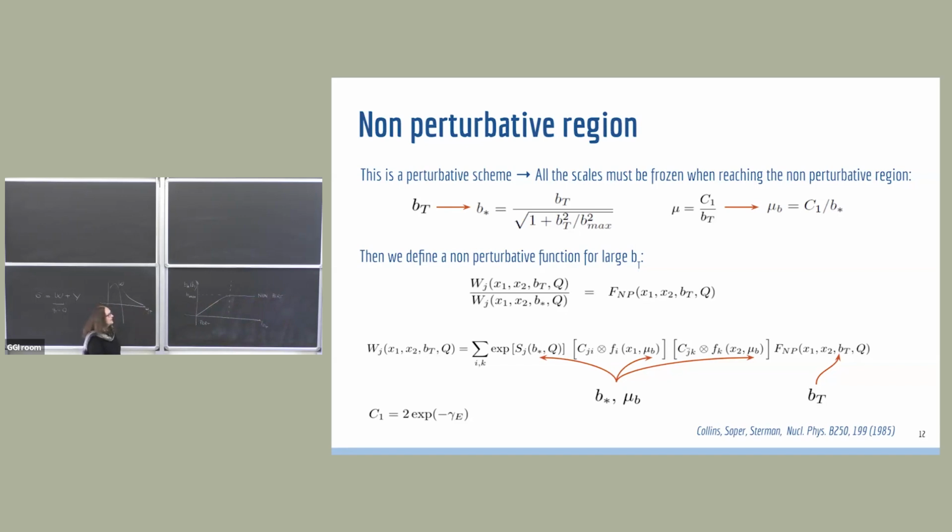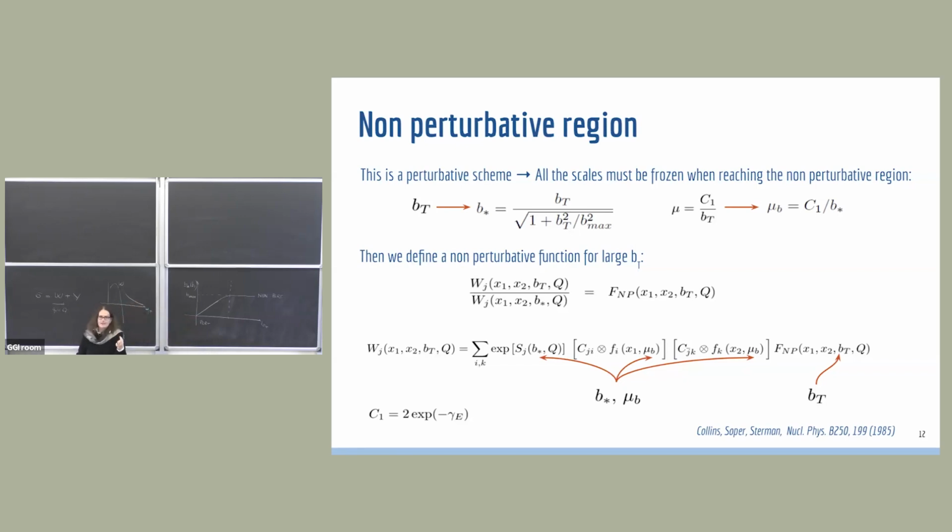You take it out, you divide it out from the full W, and what you're left with is something which is purely non-perturbative, by construction. You made it this way, you devised it that way. You've taken the full W and subtracted out from it all the perturbative part. And this is the way we traditionally separate the non-perturbative part from the perturbative part.